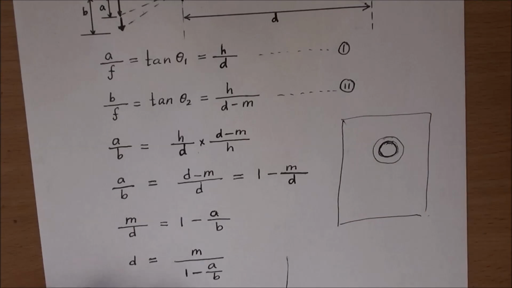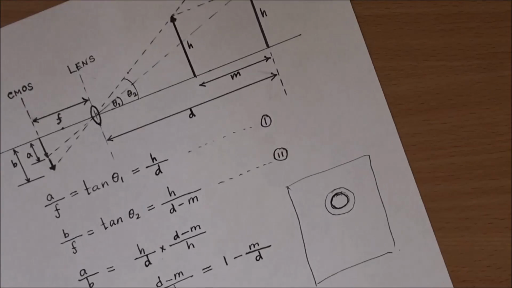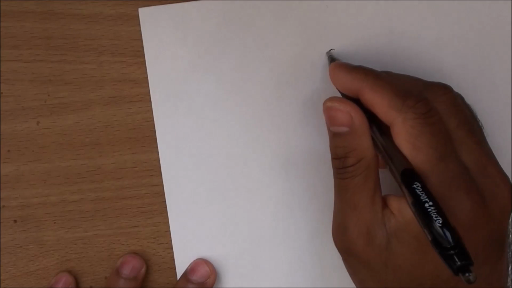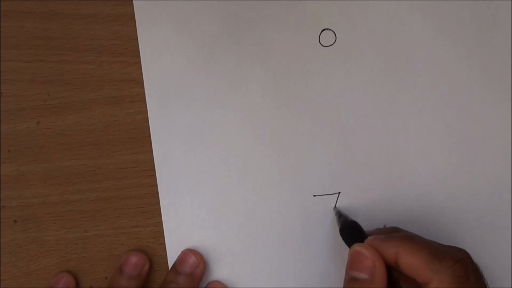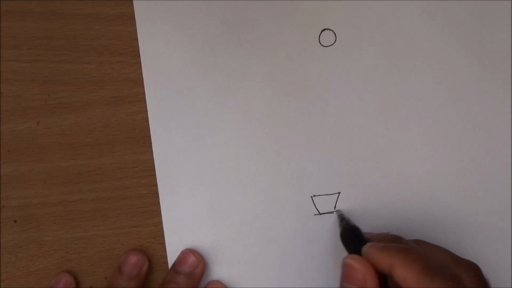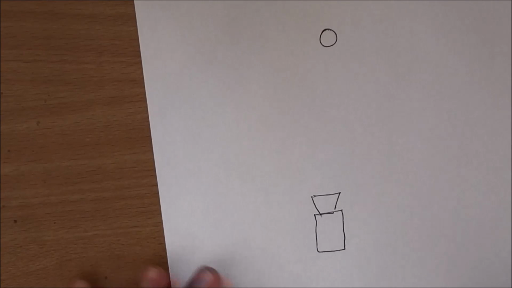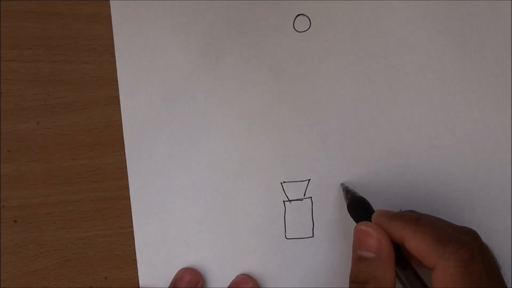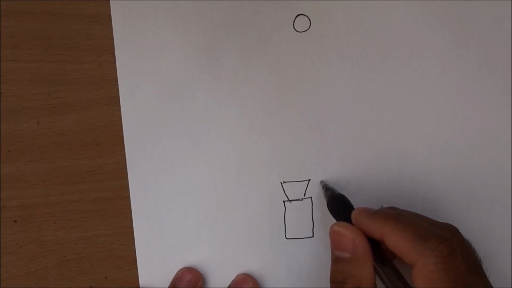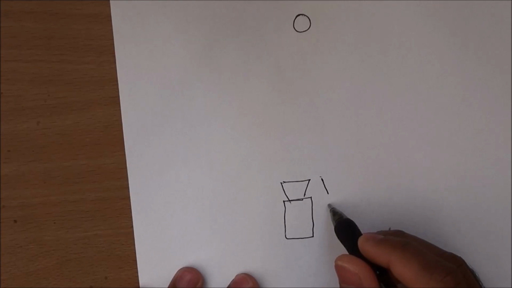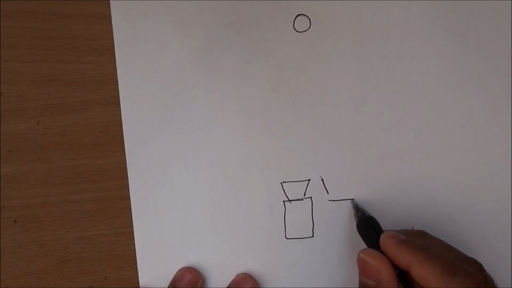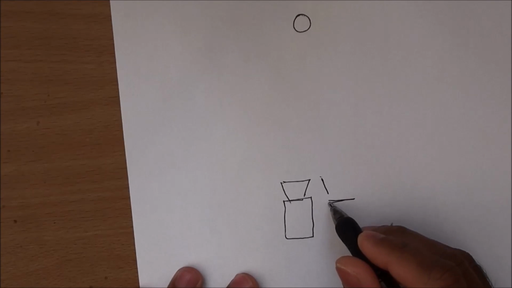Another situation where you may want to use this sort of trick is when you have two cameras, for example. So you have an object at some distance from, let's say, a camera, and you could have a second camera, presumably very close to the first camera, but at a distance forward from it.